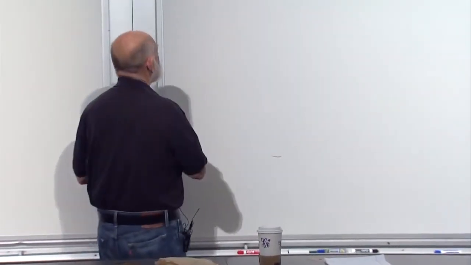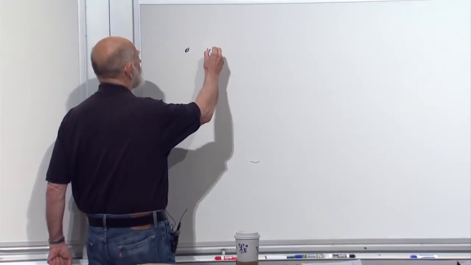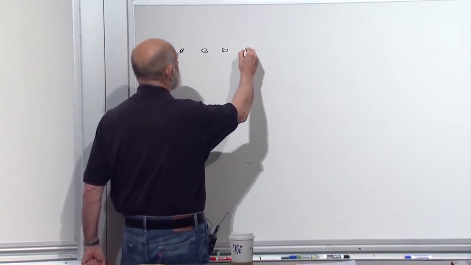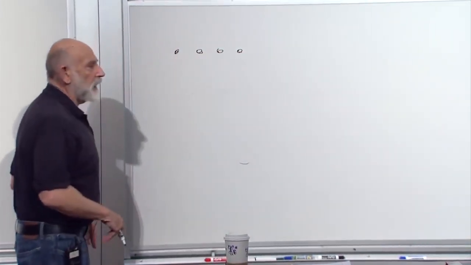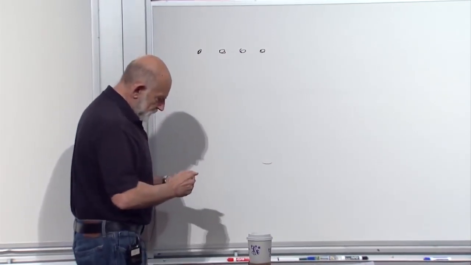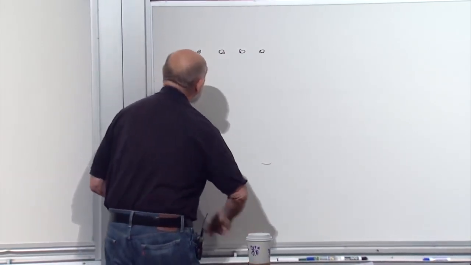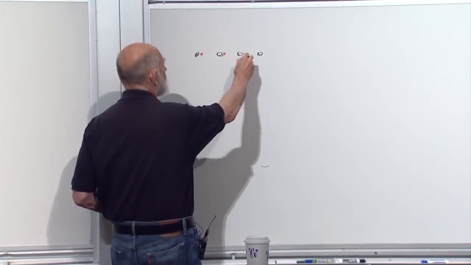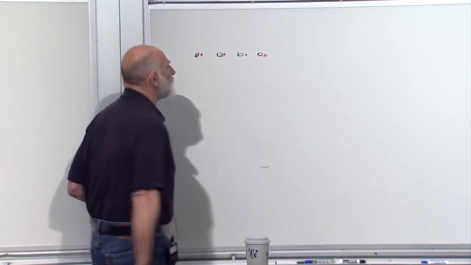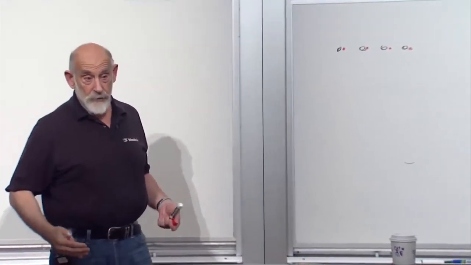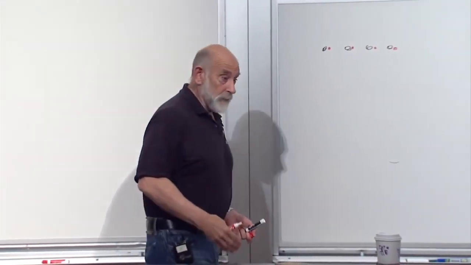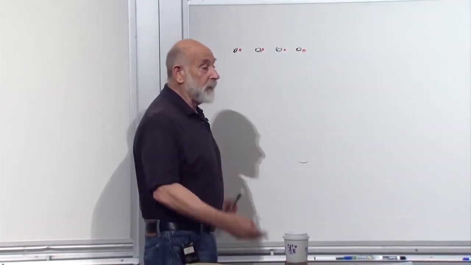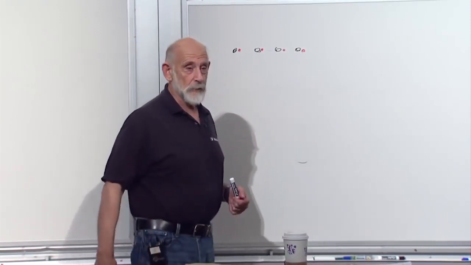You could imagine taking the crystal and moving the entire crystal a little bit. This one goes to here, this one goes to here, this one goes to here. That is a symmetry of a crystal. It's a symmetry of anything, the ability to move it from one place to another.